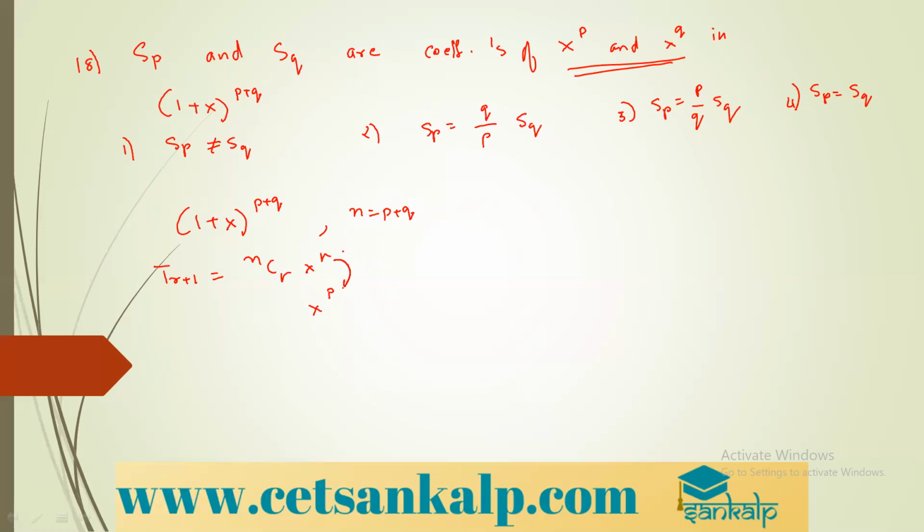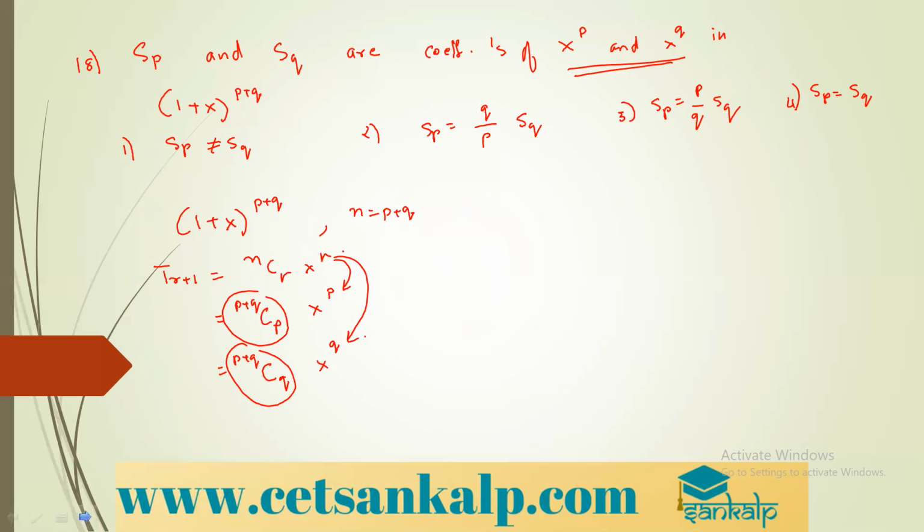That means r has to be p. So coefficient will be, n is p plus q, r is p. This is the coefficient of x power p. Similarly, coefficient of x power q, r is q. So I have n is p plus q, r is q. So these are the coefficients.